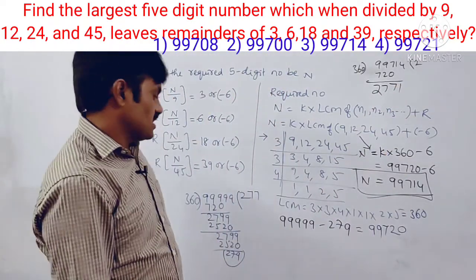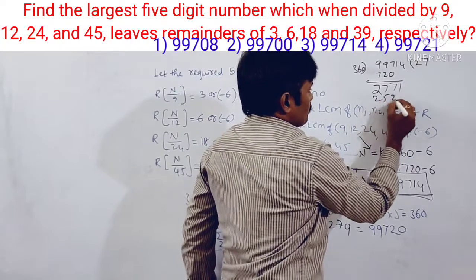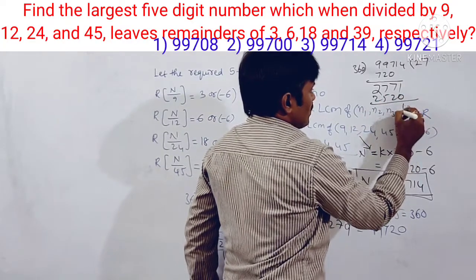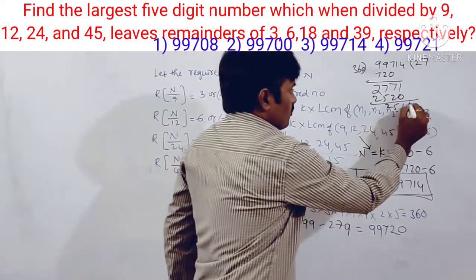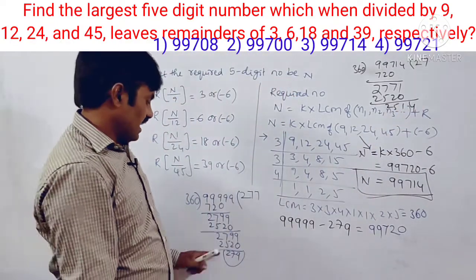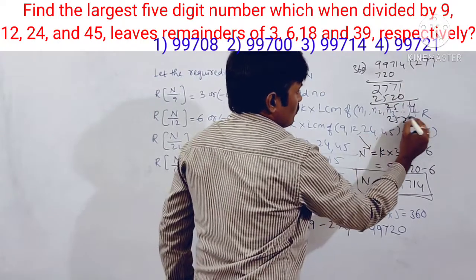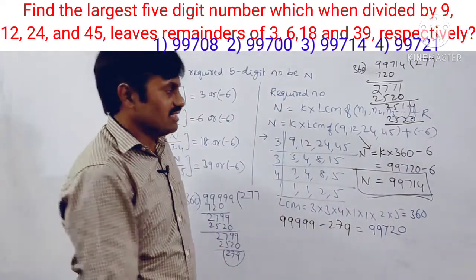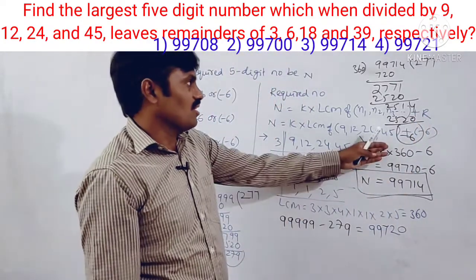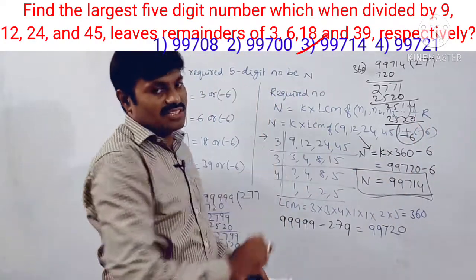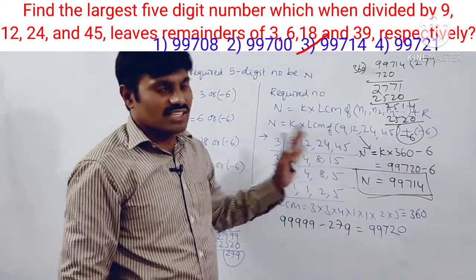It is possible 7 times, as we have already done here, so 2520. Now the difference is 251. Bring down 4. Again 7 times, then 2520. Now the difference is minus 6, yes. So the third option is correct. So this is the way to solve these types of questions.